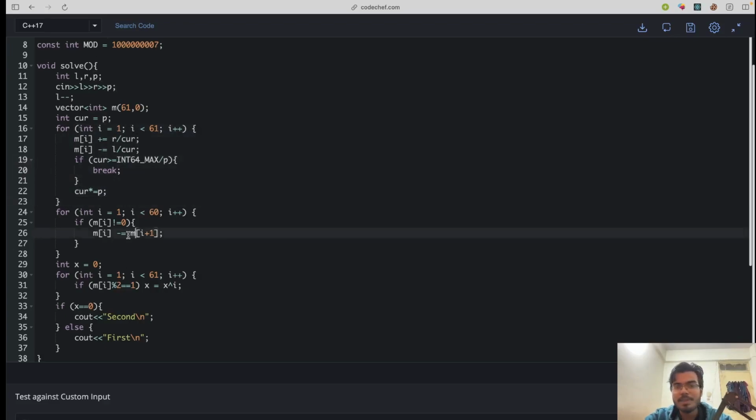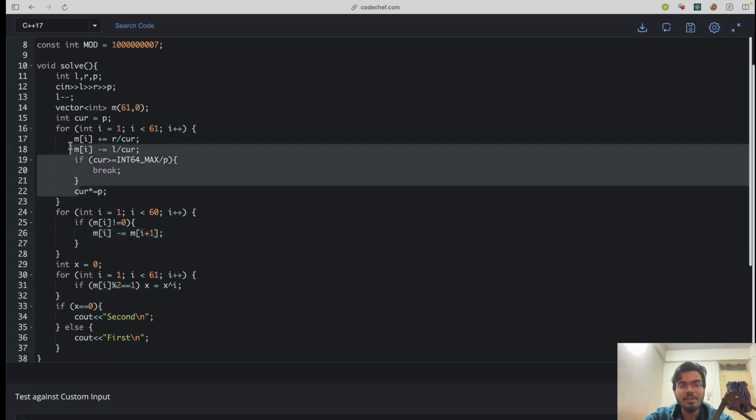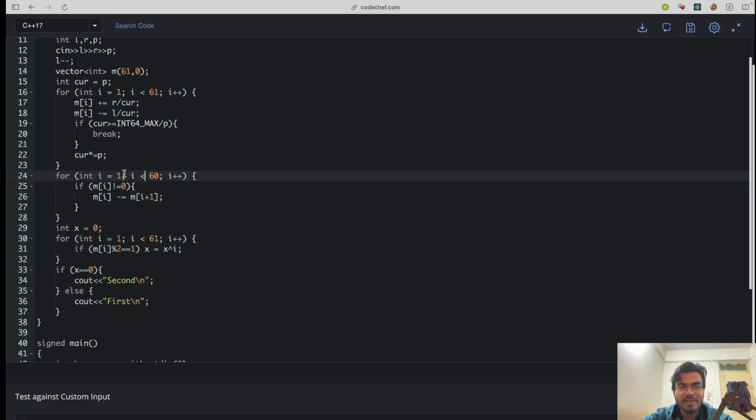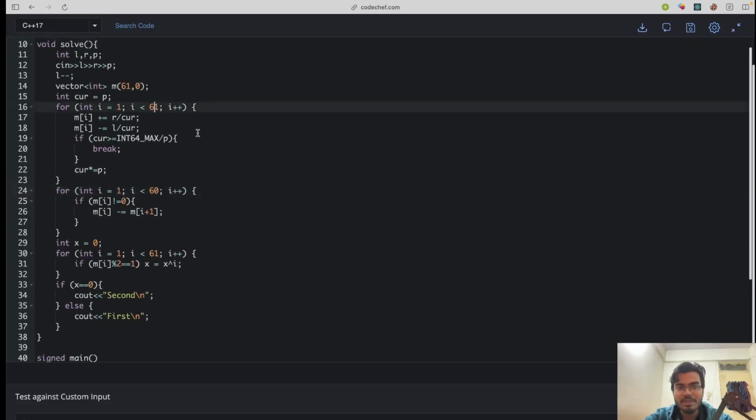And now, what did I say in the explanation, whenever this will store the count of multiples of P to the power I, right? Now to find out the count of P to the power I, I have to remove the higher powers, right? So for I in range 1 to 60, because this was 161, now if m of I is not equal to 0, I have to remove the count of higher powers of I, right?